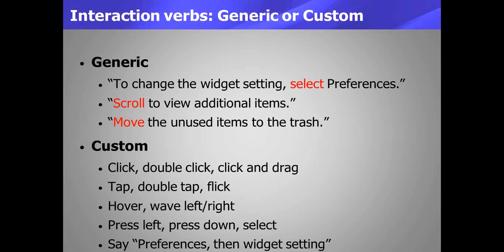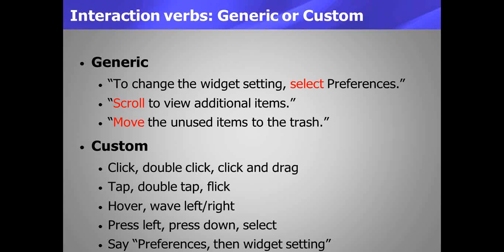So with the generic, you can see, to change the widget settings, select preferences, scroll to view, move the unused items. Those are words that can apply to touch, voice, gesture, and so on. The other way to look at it is using language that's customized for different interaction types.